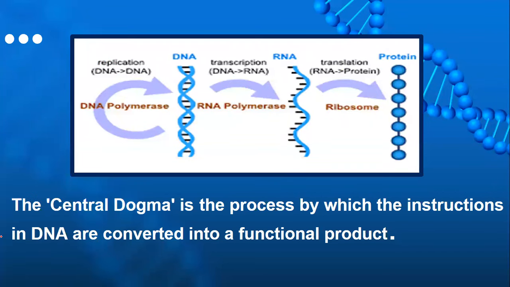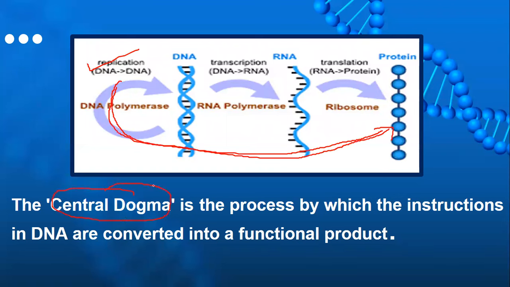Okay, so now the first step is what, friends? Replication. You only look into the picture. Information is passing from where to where? Information is passing from the DNA to the protein. This passage of information from the DNA to the protein level we call the central dogma, which was proposed by a genius molecular biologist, Francis Crick.